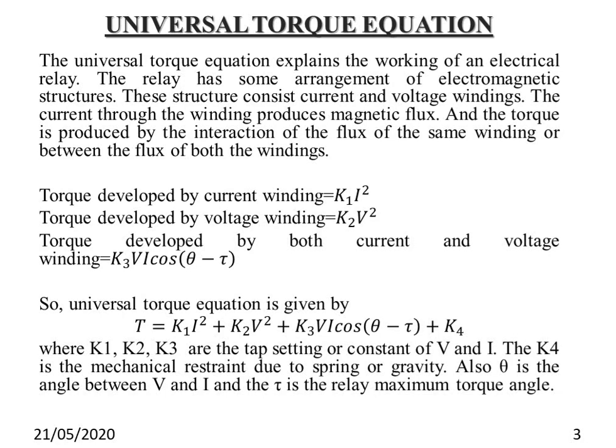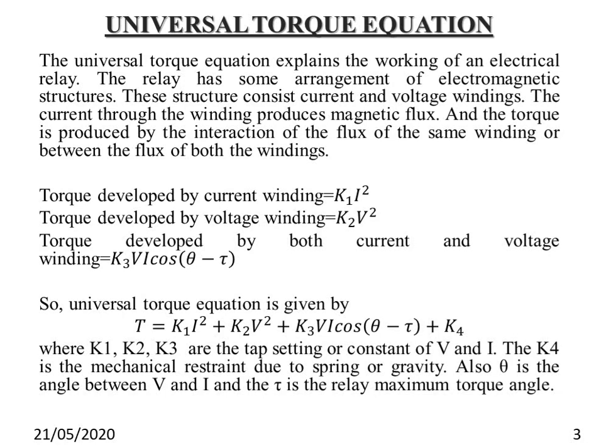This structure consists of current and voltage windings. The current through the winding produces magnetic flux. Obviously, if current is flowing in any winding, it will produce magnetic flux. If these fluxes interact with each other, then torque will be produced, and this torque will help to operate the relay.